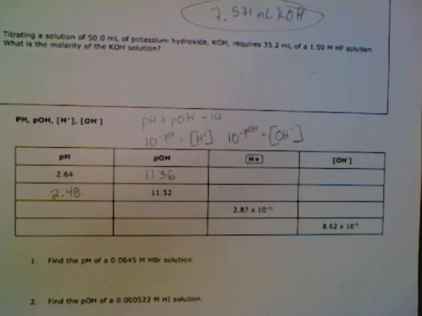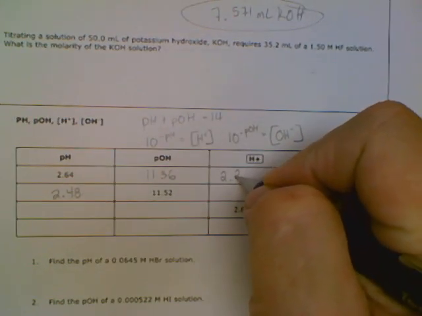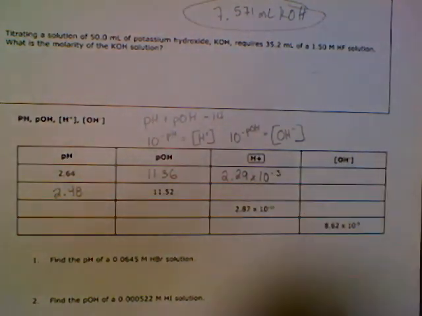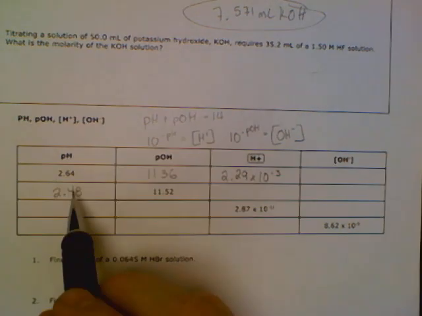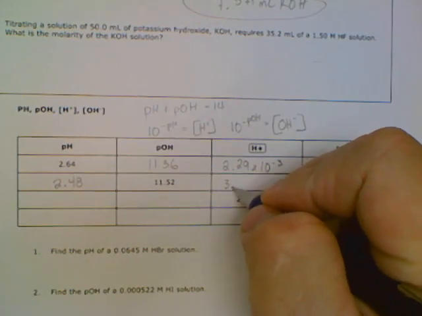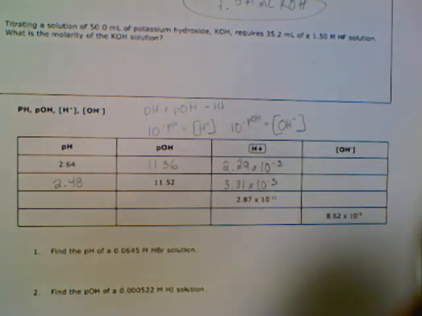So 10 to the negative 2.64 power is 2.29 times 10 to the negative third. And then I'm going to take 10 to the negative 2.48 power, and I get 3.31 times 10 to the negative third.